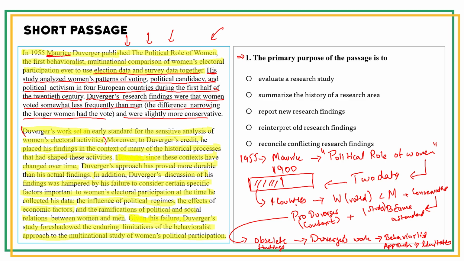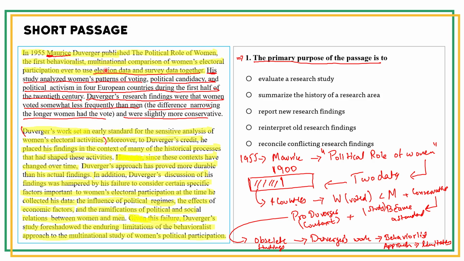Solve such questions at the end, but since this question just appeared in this practice session in the first place, I'm just going to go about it. All right, so what's the primary purpose of this passage? It's talking about Maurice Duverger, how he did a unique study in 4 European countries, and he found something.